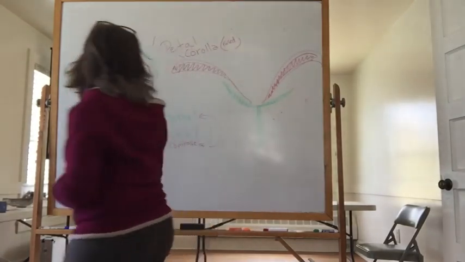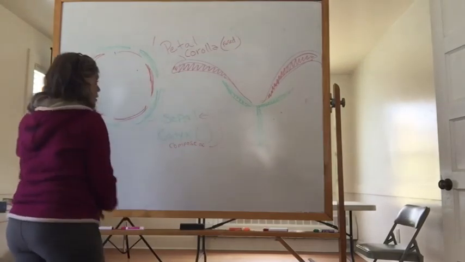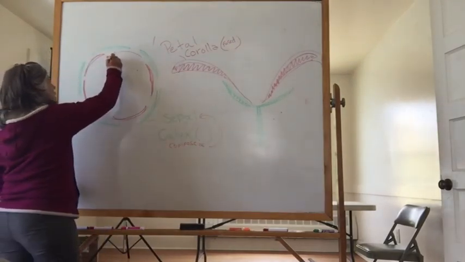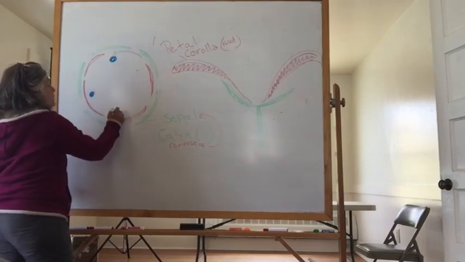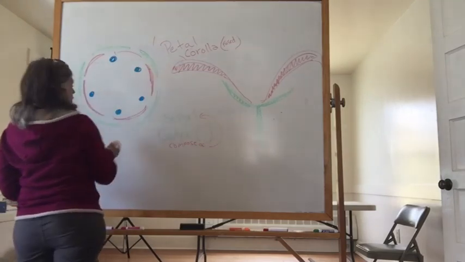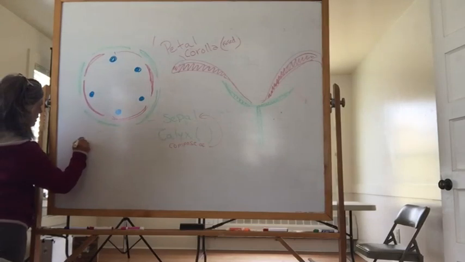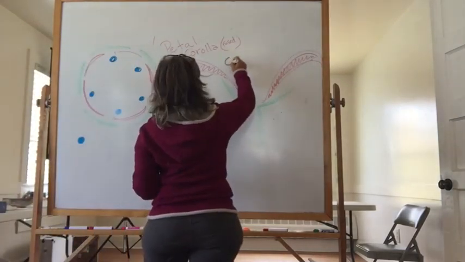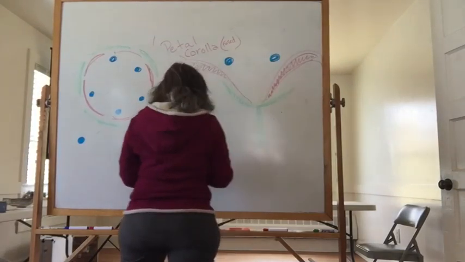And so the sex parts of the plant are, the next whorl are the stamens. Okay. And this is, let's see. I'm going to put a filament on here.